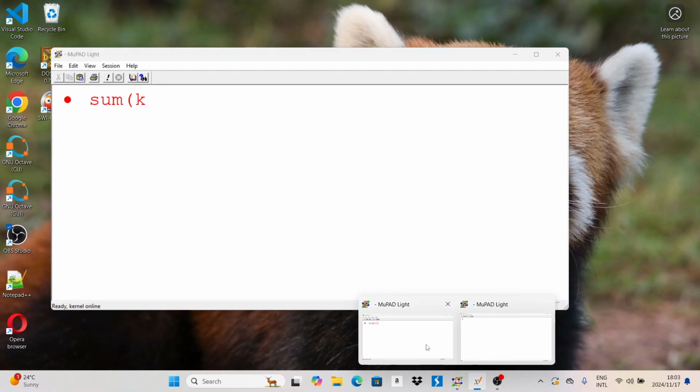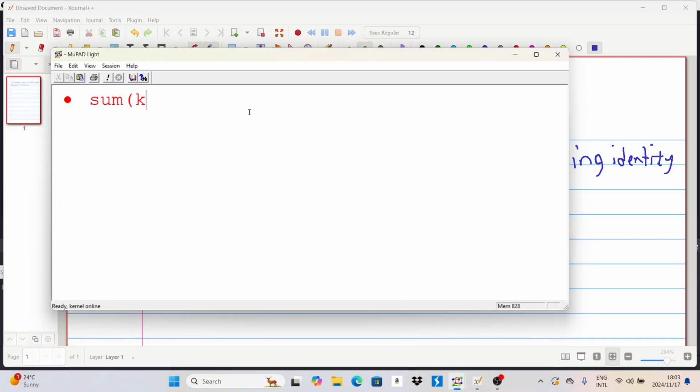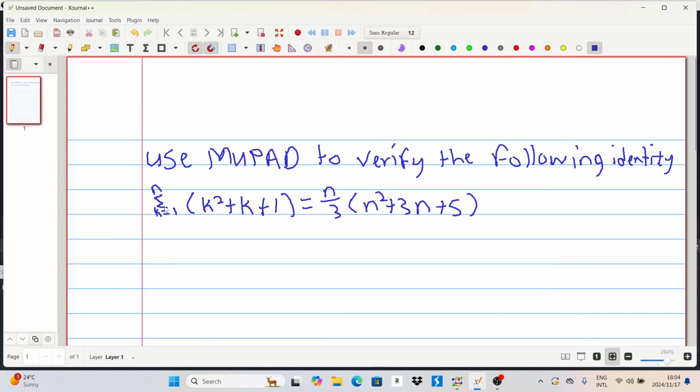So let's go to our MuPAD. So it's going to be k squared plus k plus 1. This is the summation, and then you're going to say comma, and then we're going to look at where it starts from, 1 to n.